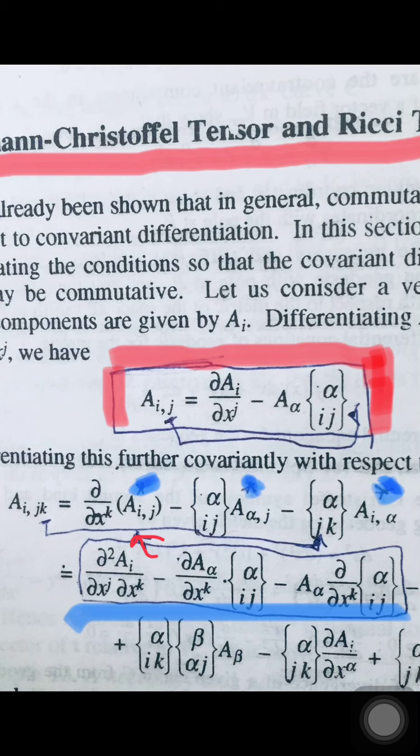When we differentiate it, we get first term differentiated with del by del xk, we get del by del xk of del Aj over del xj, del Ai over del xj. So it becomes del 2 Ai over del xj del xk. Okay, this is the double differentiation of the first term.